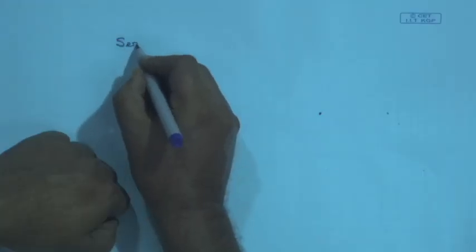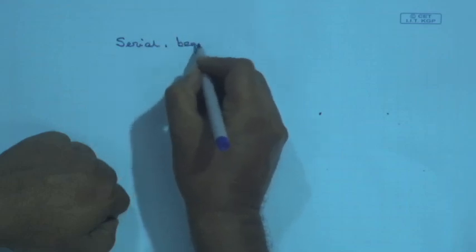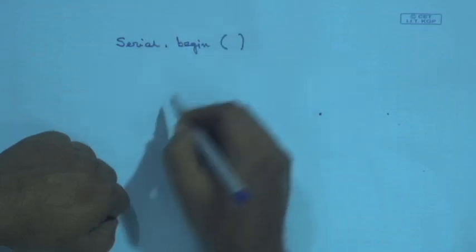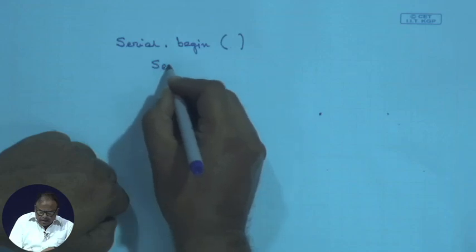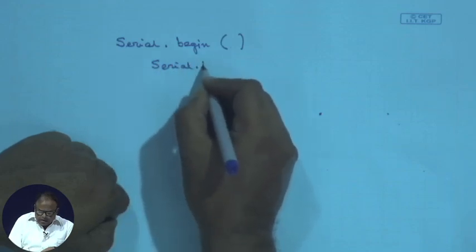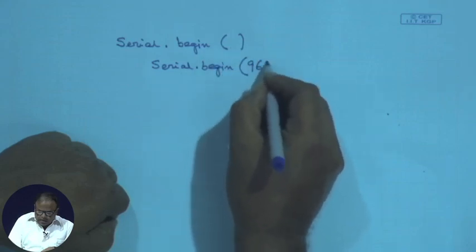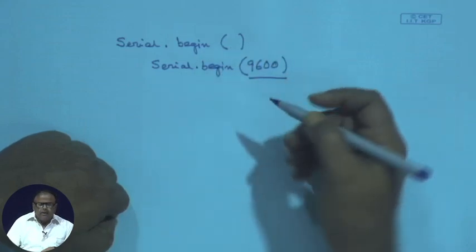Okay. Now, the serial commands, you need not memorize them. For Arduino there are some commands like Serial.begin. For example, we can say Serial.begin(9600). Now, what does this mean?